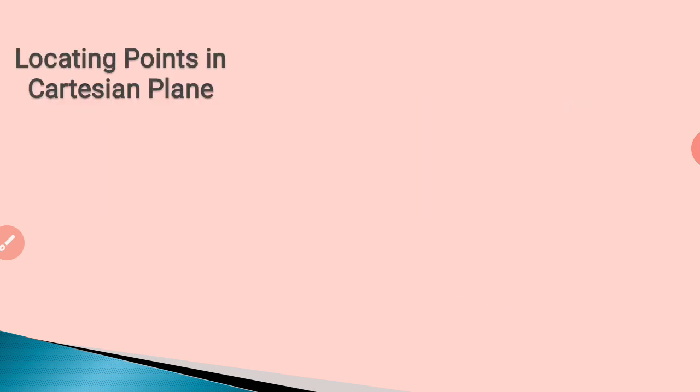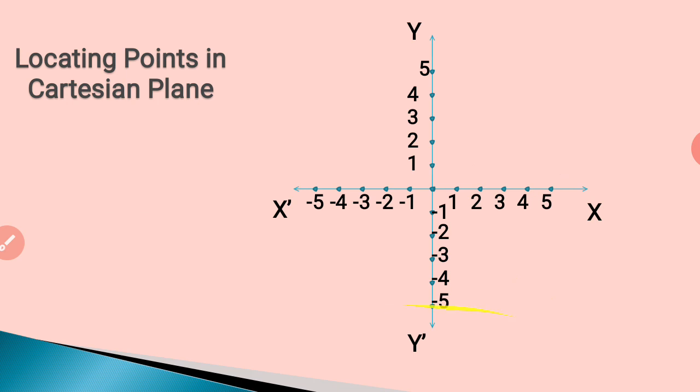Now the topic is locating points in Cartesian plane. So you have a Cartesian plane and you have a point A. If I want to find out the location of the point, I have to draw perpendiculars from the point to the x and y axis.